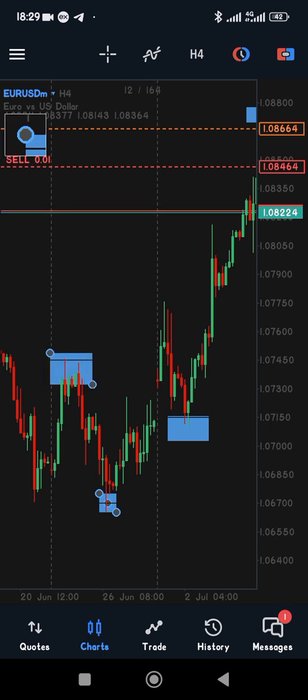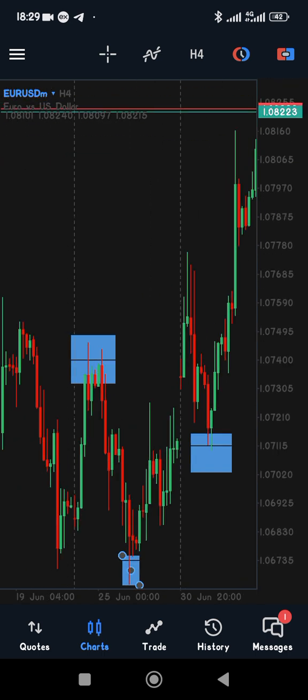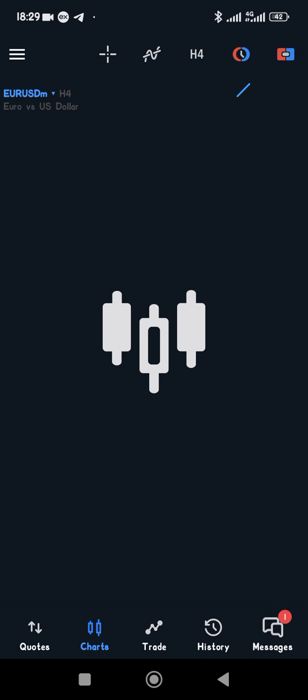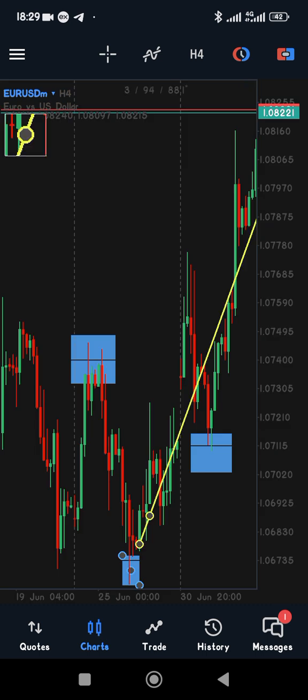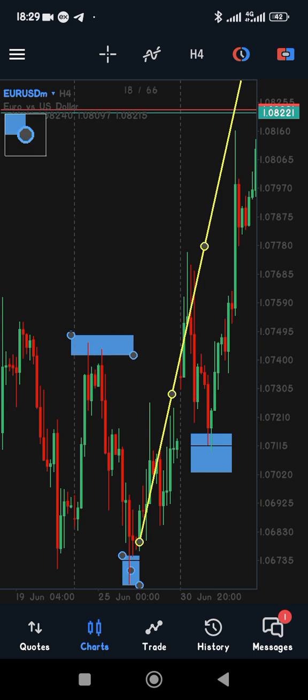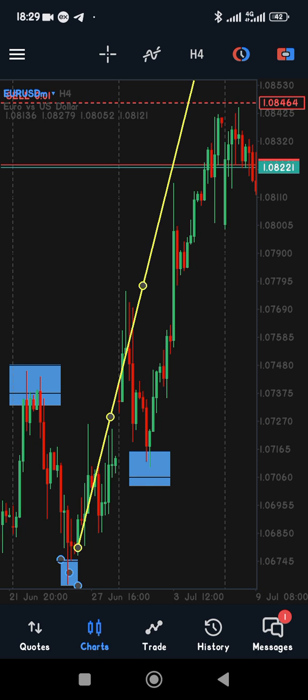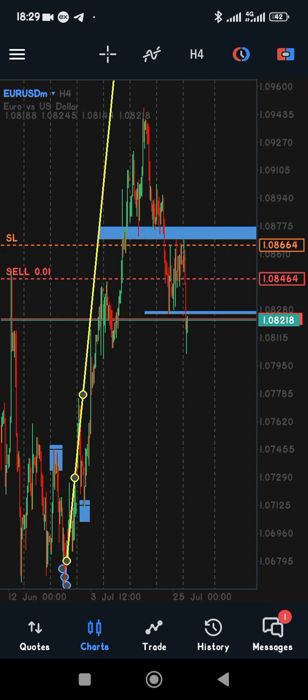Yeah, this is the first higher high. So when the candlestick here broke this higher high, this area, it will tell you that there's a change, there's a shift from downward to an uptrend.